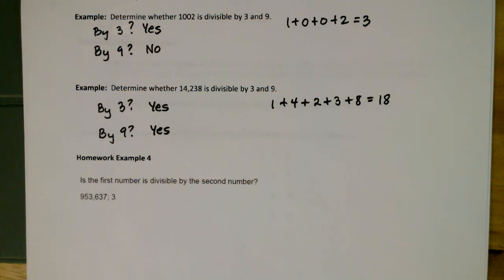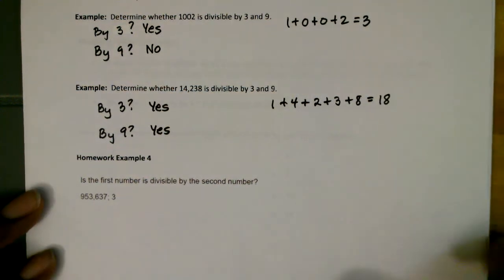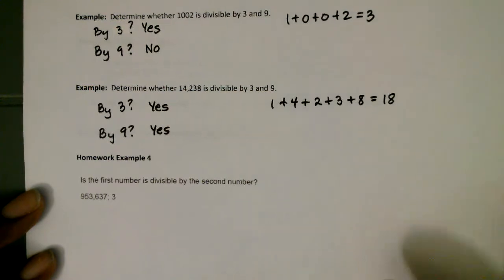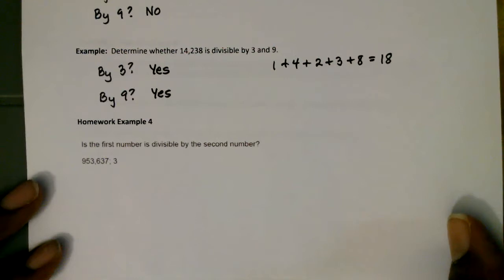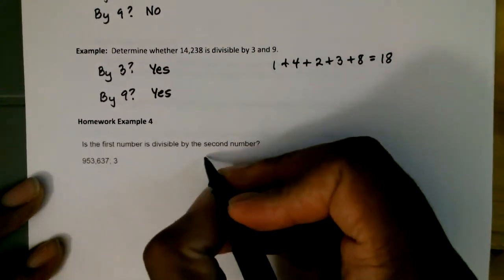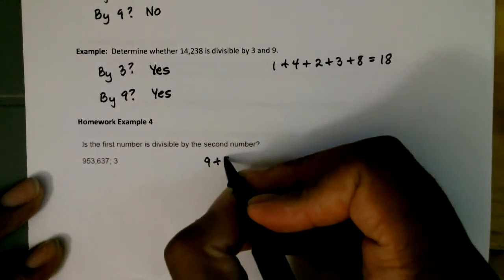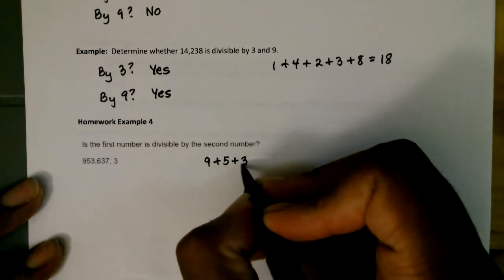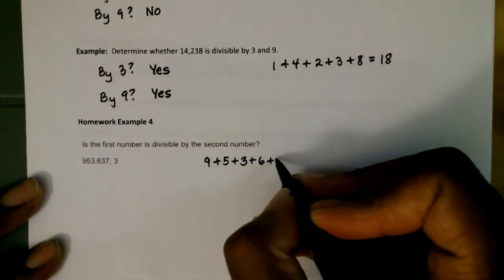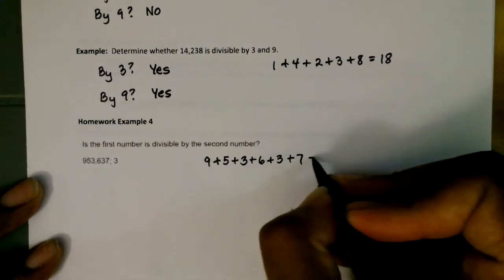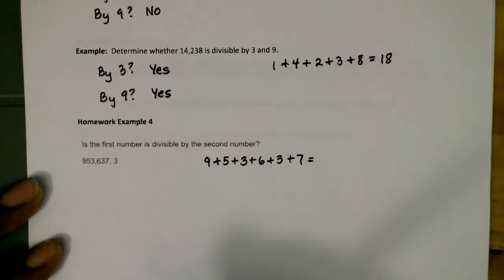All right, now the next example, the homework example number 4, is the first number divisible by the second number? In other words, is 953,637 divisible by 3? All right, so let's take the sum of the digits, 9 plus 5 plus 3 plus 6 plus 3 plus 7.